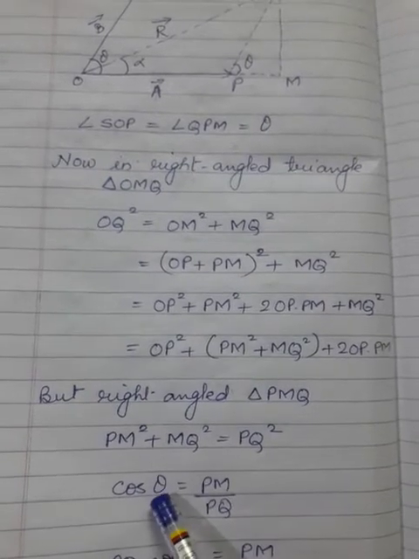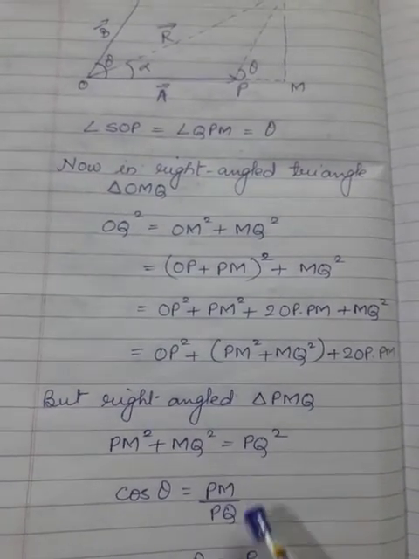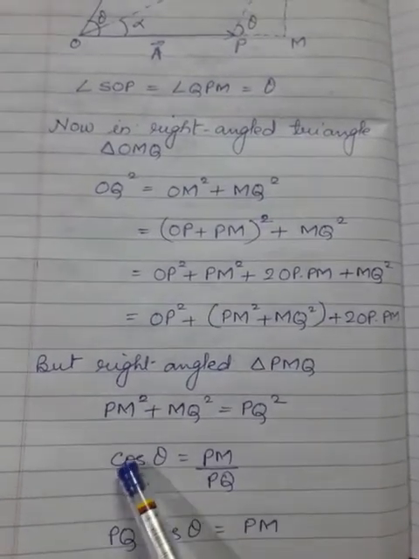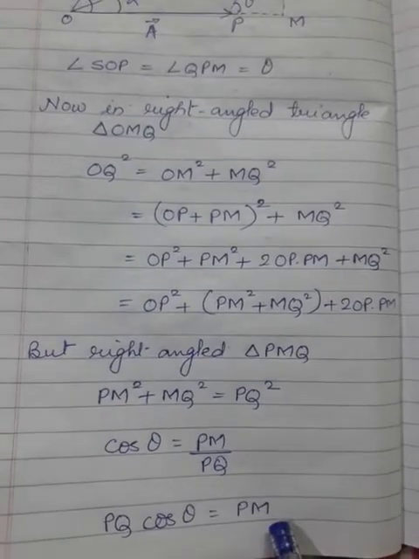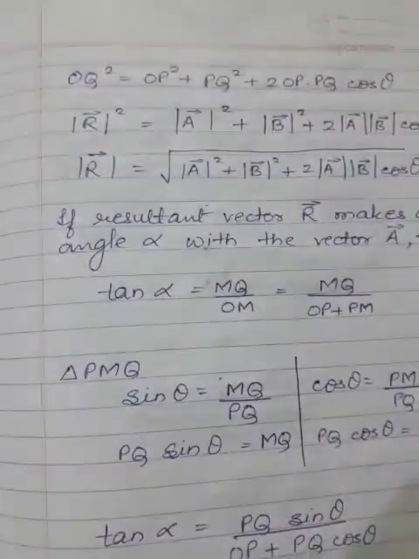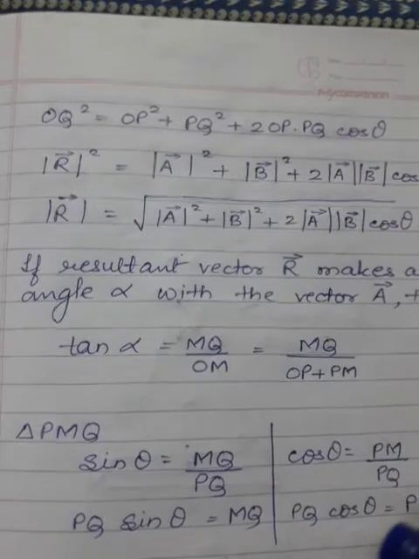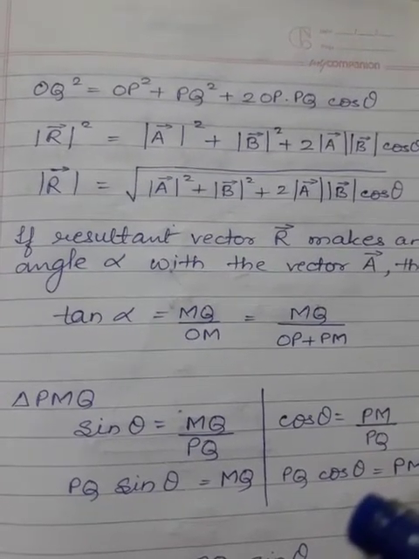And in the same triangle, cos theta is equal to PM upon PQ. Cross multiply: PQ cos theta is equal to PM. Now, substituting all these values, OQ square is equal to OP square plus PQ square plus 2 OP into PQ cos theta.